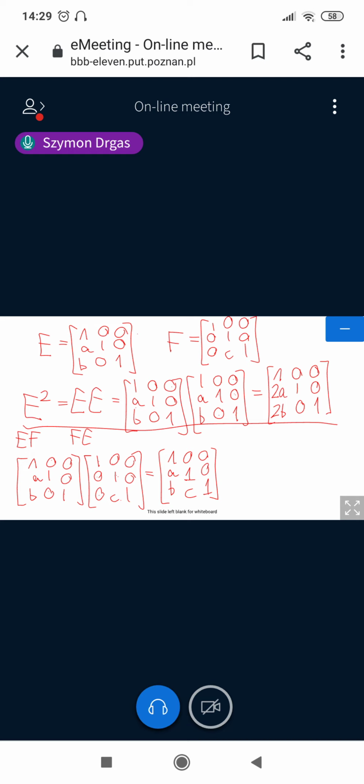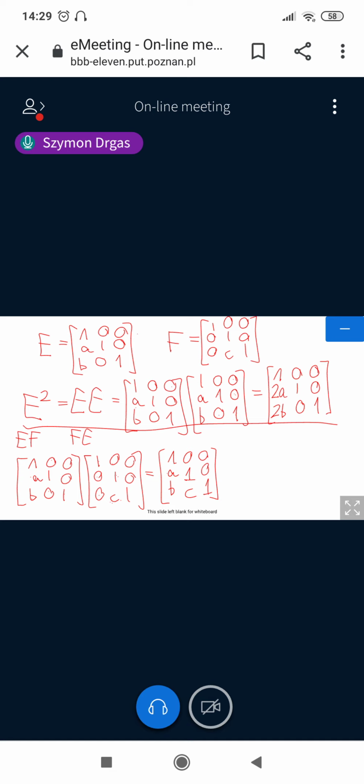Okay, so in this case, you can notice that we have these two matrices, E and F. We can say that they are both lower triangular matrices because all elements above the main diagonal are zeros. And you can see that in this case, you can just rewrite these elements below the main diagonal at their positions. Okay, so we have A at this position, B at this position, and C in this position.